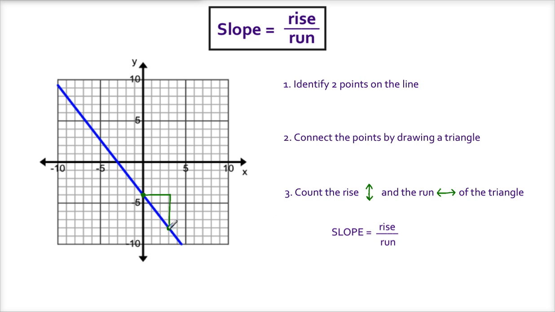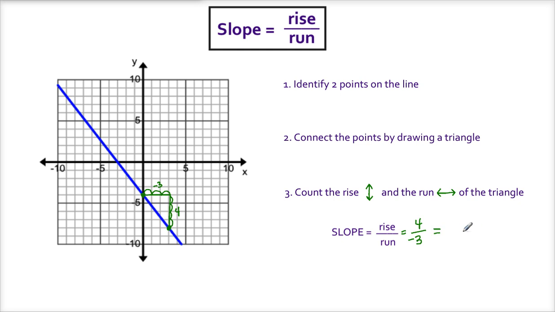So starting at the bottom point, the rise, we're going up, so it's +1, 2, 3, 4. And then to the left, we go -1, -2, -3. So we were counting backwards, so that means it was -3. So the rise over the run, rise was 4, run is -3.